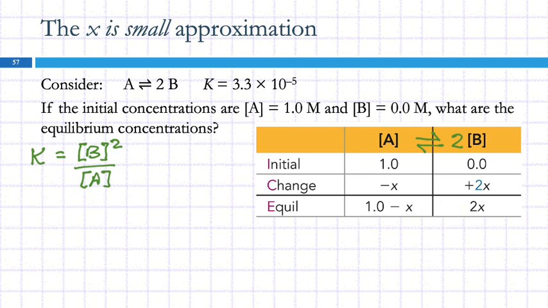So we're going to plug all of those into our equation. So 3.3 times 10 to the minus 5 is equal to the concentration of B, which is 2x squared, divided by the concentration of A, 1.0 minus x.